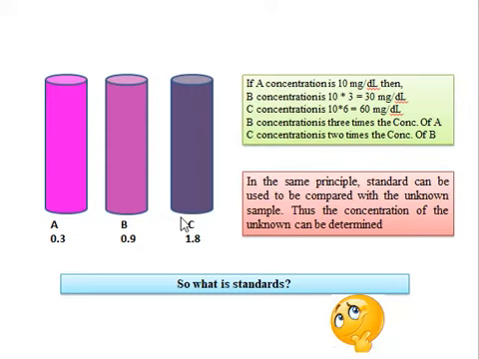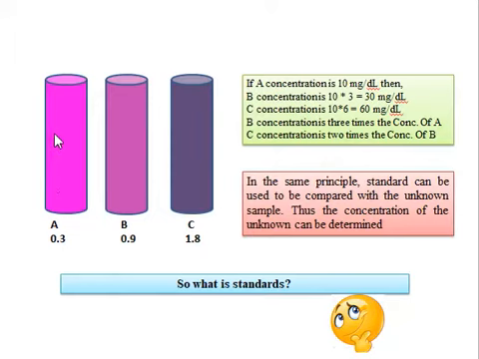Suppose that these three solutions have been read on a spectrophotometer, and solution A gave 0.3 value. B solution gave 0.9 value, while C solution has a read value of 1.8.